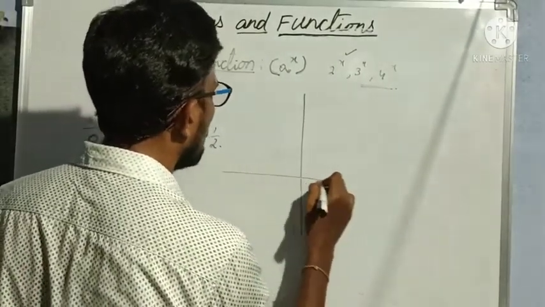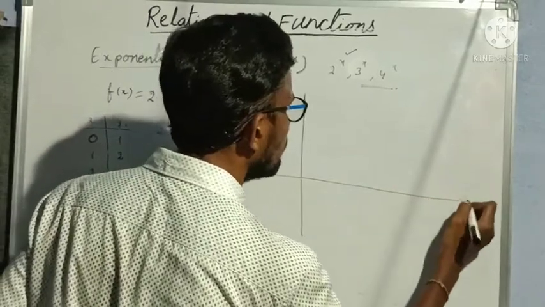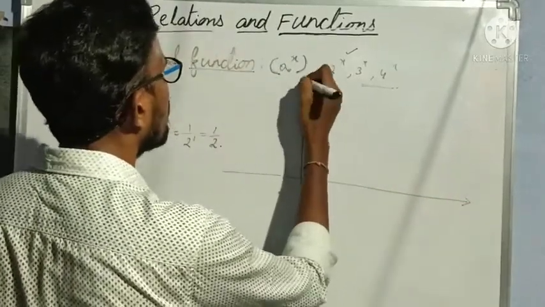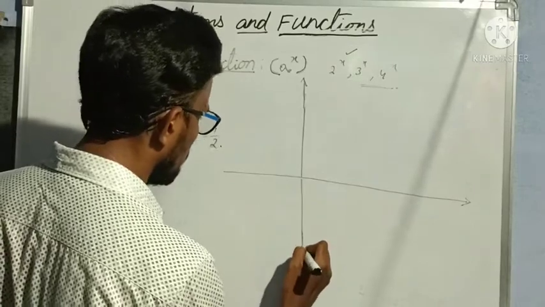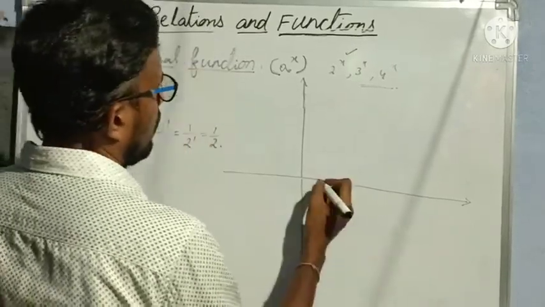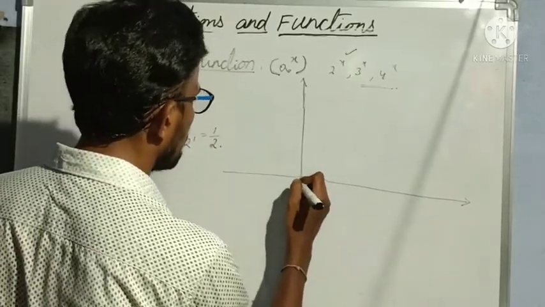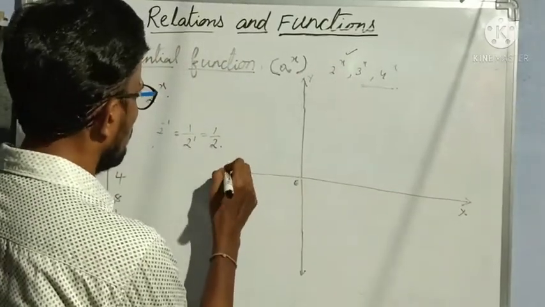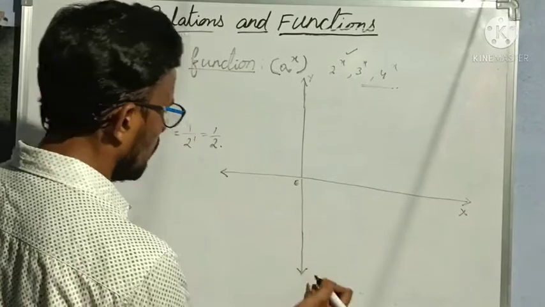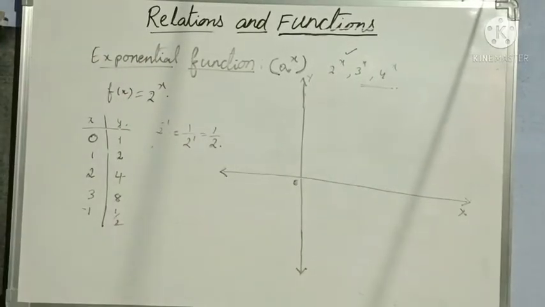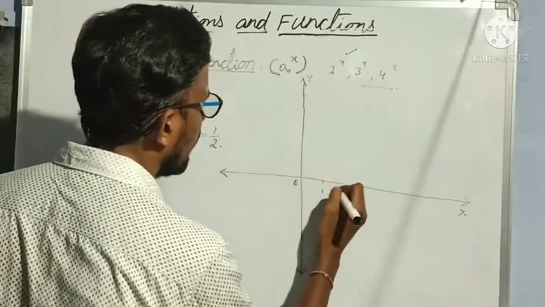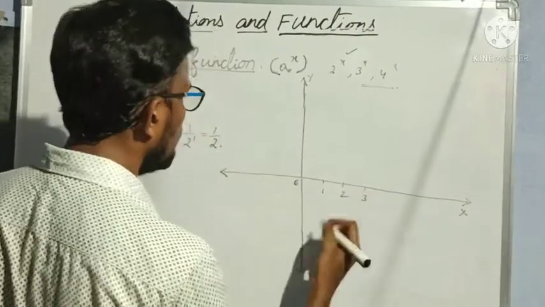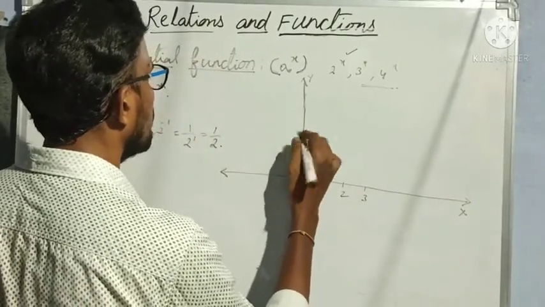So let me plot the graph now here. So this is 0, x-axis, y-axis. Okay, x-axis and y-axis. So here 1, 2, 3. Here 1. Okay, small I will take.